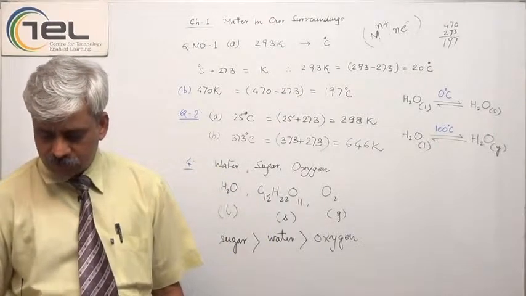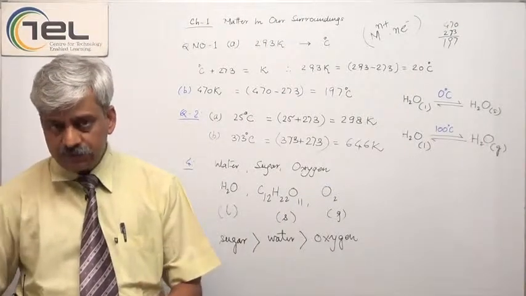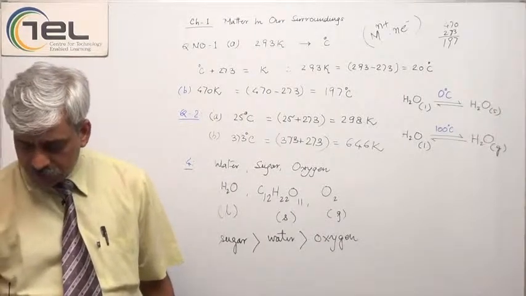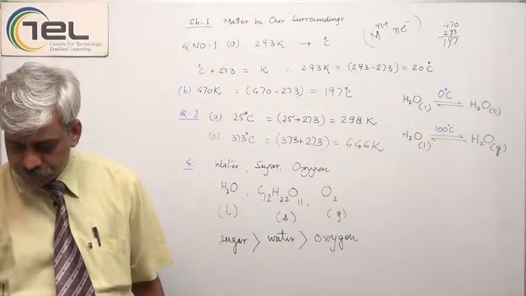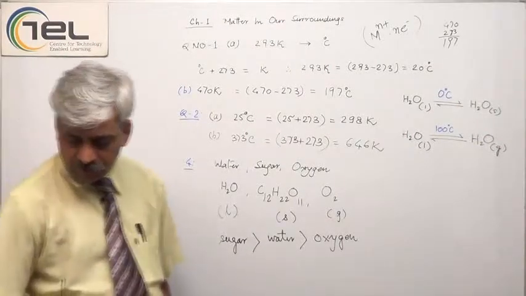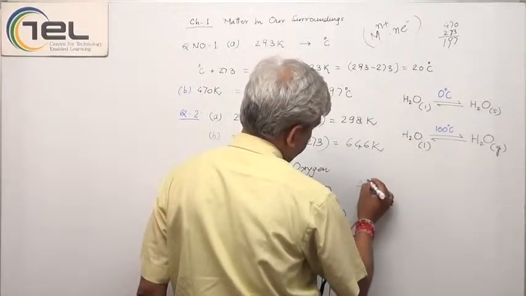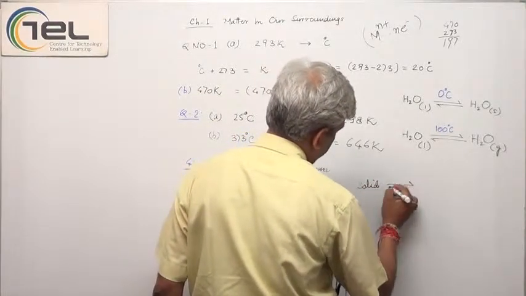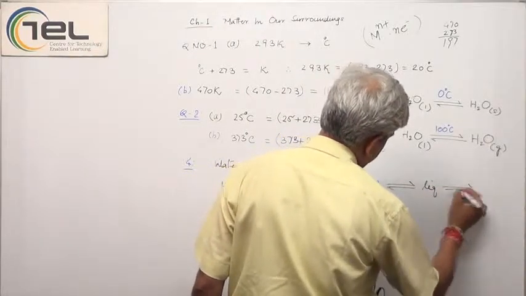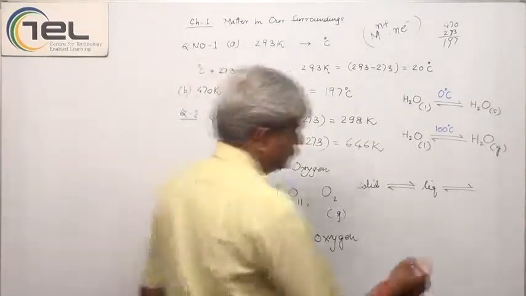Then question number 9 is that we have to name A, B, C, D, E and F. What are A, B, C, D, E and F? Increase heat, decrease pressure. So A, B: solid to liquid. This is the solid, then this is the equilibrium, this is liquid, then this is the equilibrium, gas.